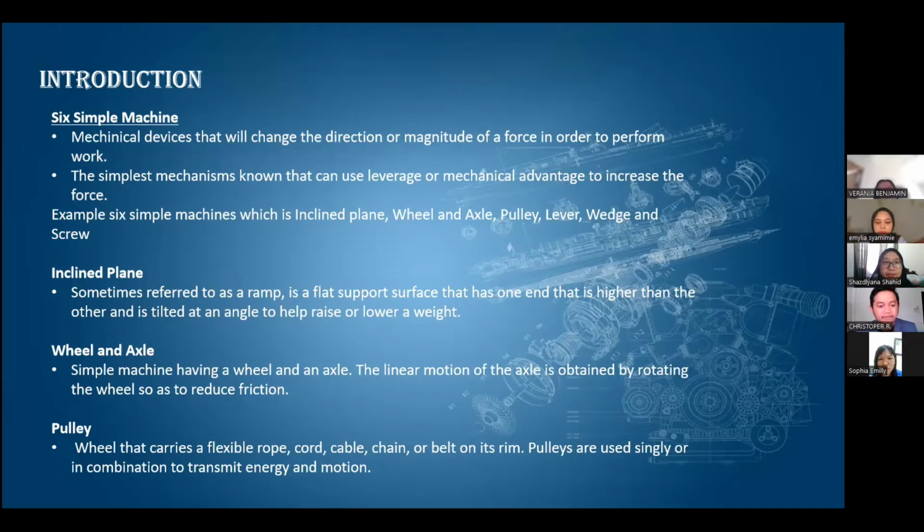Second is the wheel and axle, a simple machine having a wheel and an axle. The linear motion of the axle is turned into rotation of the wheel so as to reduce friction. Third is the pulley, a wheel that carries a rope, cord, cable, chain, or belt on its rim. Pulleys are used widely to transmit energy or motion.